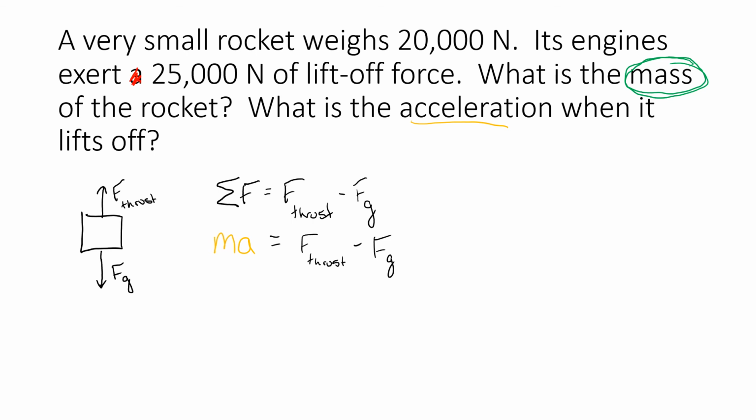It's tempting to say, we don't need the mass of the rocket, it's given to us. But remember, weight is not a mass. And we've got that unit there to kind of show us as well. Mass needs to be in kilograms. This is the force of gravity. So we need to solve for the mass.